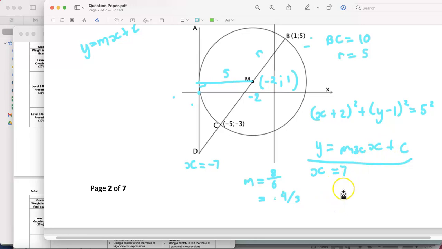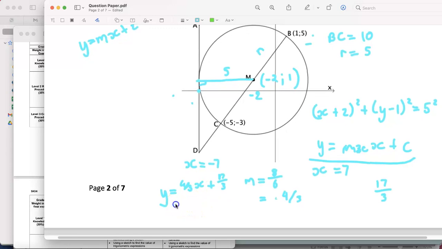So in the end, when you calculated c, it was 17/3. I'm not going to go through all of that just because it's difficult to write it all on this silly platform. But once I've calculated that, I get y = 4/3 x + 17/3, and then I substitute x with -7, sorry.